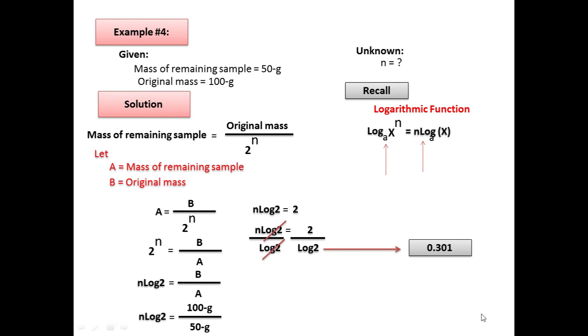And then after that, ang natira doon is n equals to 2 over 0.301. So 2 divided by 0.301 will give you 6.64. So this 6.64 now is the actual amount of the certain nucleus. So yan na yung n natin.